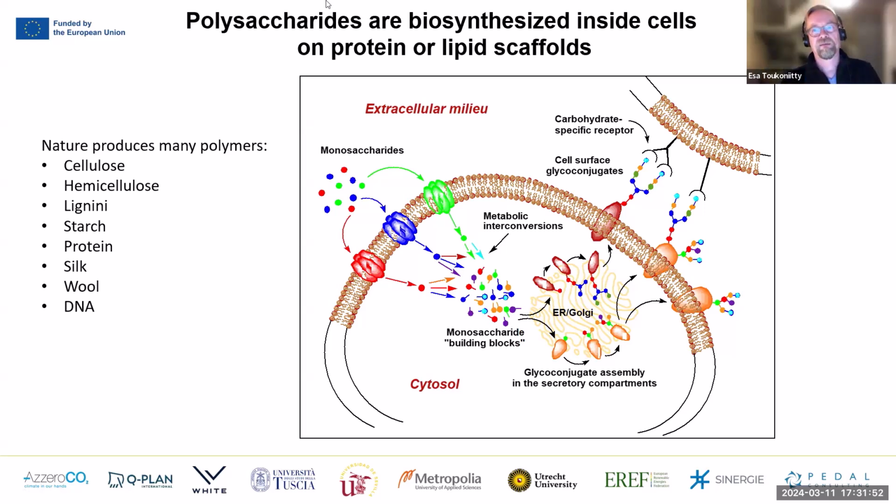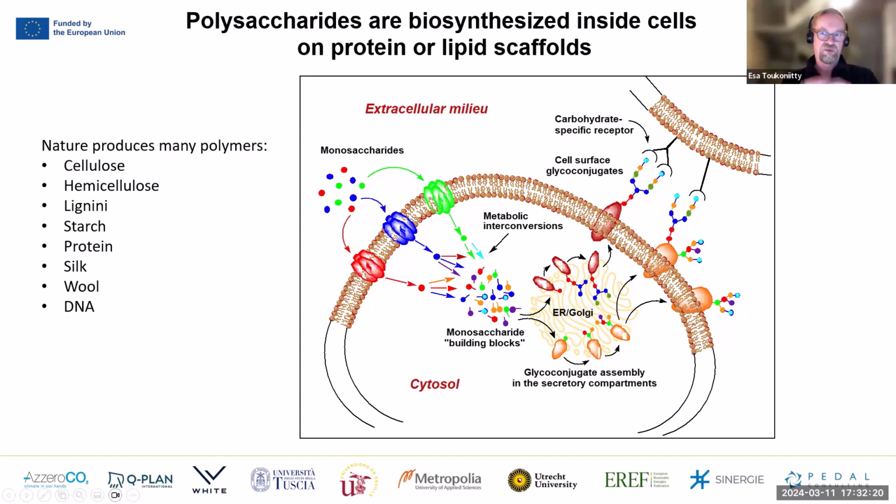These are molecules and polymers that are produced inside cells, so part of the metabolism of a cell. And polymeric materials are very common in nature. I just listed some of the typical natural materials that are polymeric.